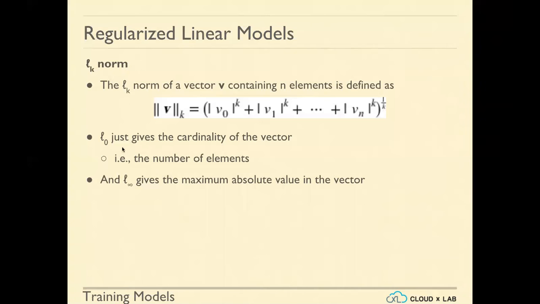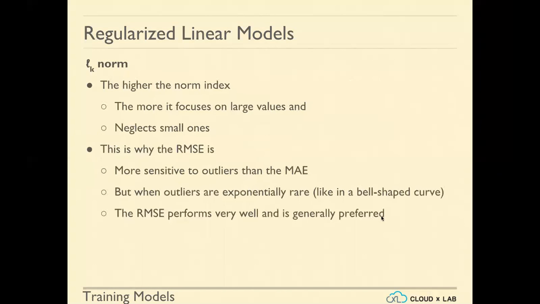Okay, so L naught means each term is counted as one, this is one, this is one, and so on. So it will give you the cardinality of the vector, and L infinity just gives the absolute maximum value in the vector. So this is LK. The higher the norm index, the more it will focus on the larger values.